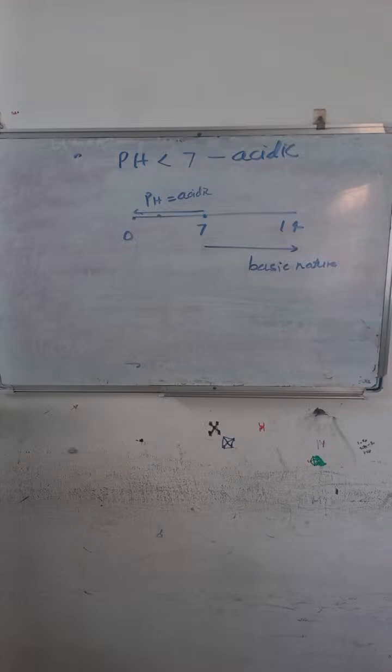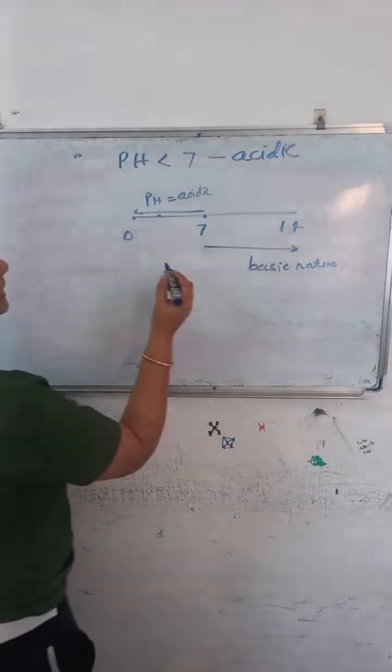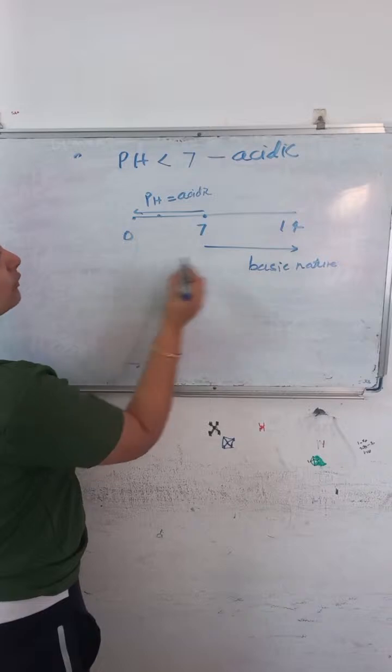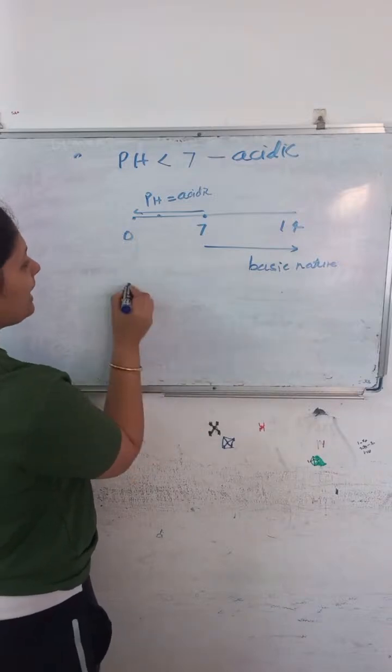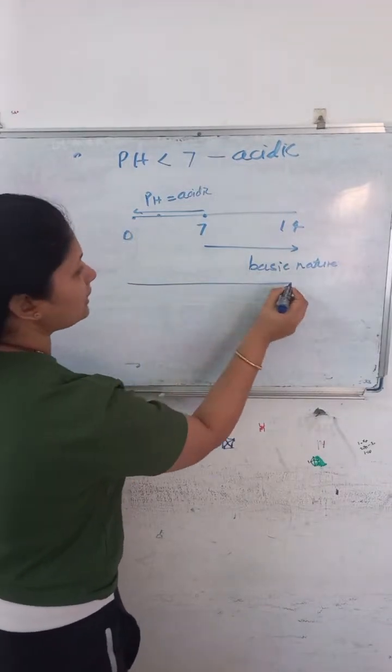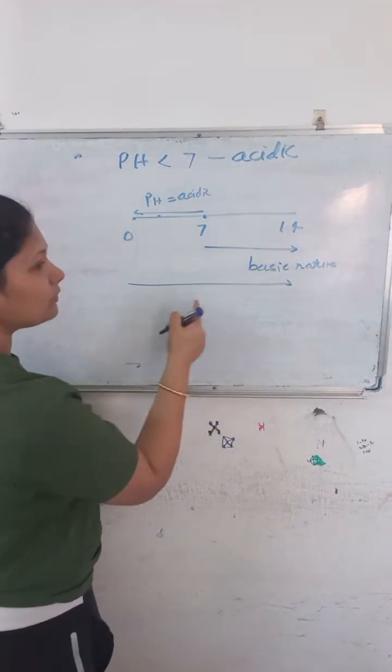And second, they are asking to mention the ion whose concentration increases with increase in the pH value. See here, from 0 to 14 I am going. Why am I moving from 0 to 14?